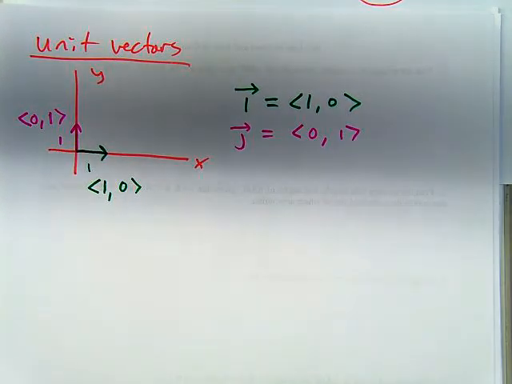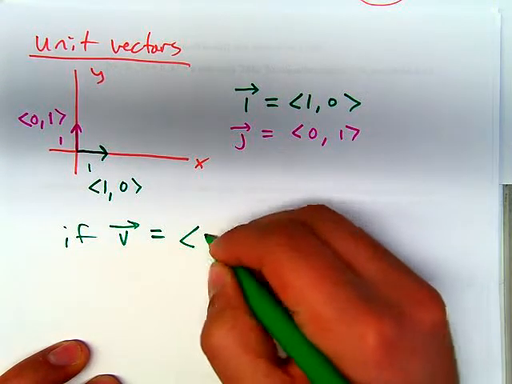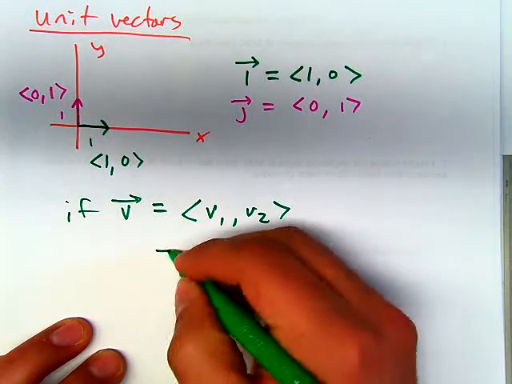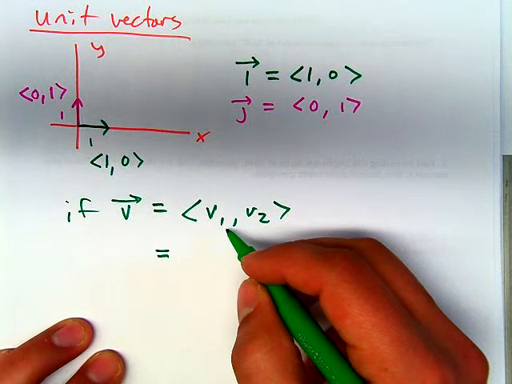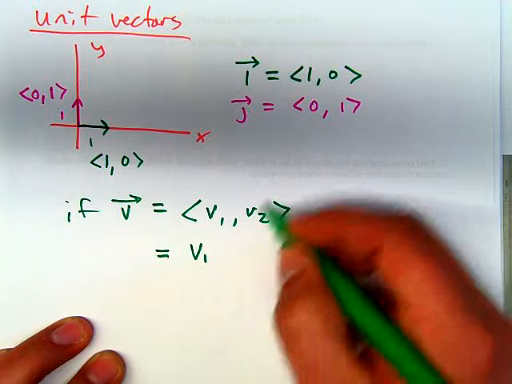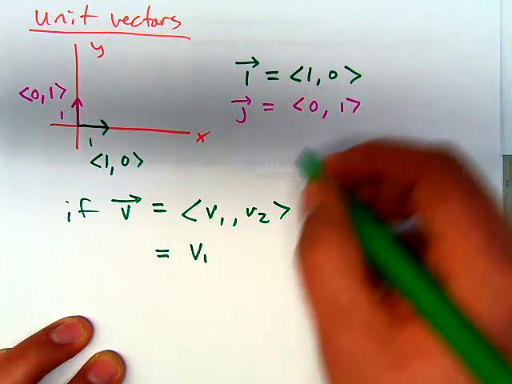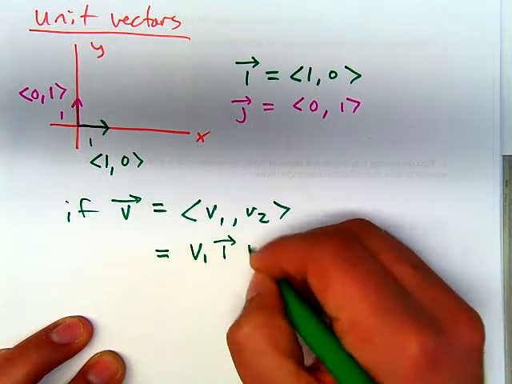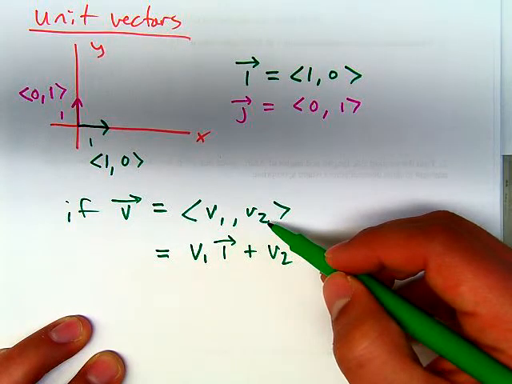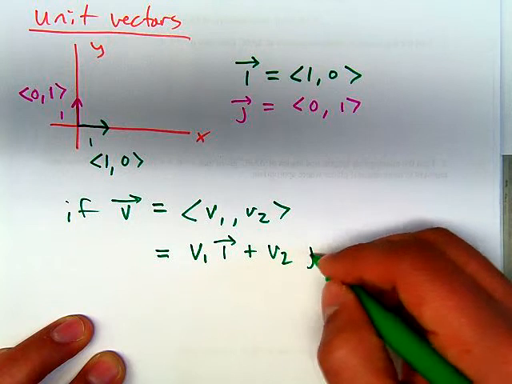So, for instance, if we have a vector v that has v1 and v2 as the components, we say that if you don't want to write it in component form, you could just say, well, the horizontal component is v1, and we have the horizontal unit vector as 1, 0, so we can write it as v1i plus, and then the vertical component for v would be v2, so it'd be like saying we have v2 of these little unit vectors. So that'd be v2j.